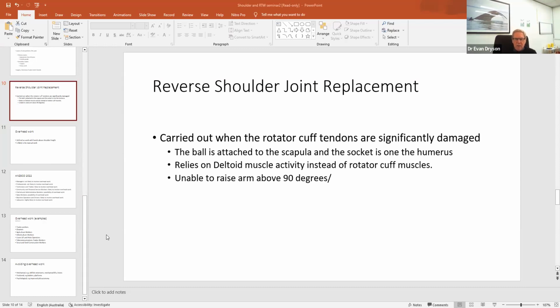But remember that the rotator cuff tendons aren't working anymore. So it's only the deltoid muscle which is moving your shoulder, and you're not able to raise your arm much above 90 degrees. So even though it's a good result, good surgery, and gets good relief, you're not going to be able to return to activity involving the arm raised above the shoulder.